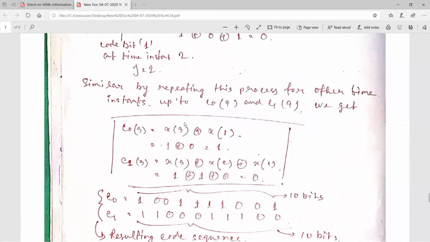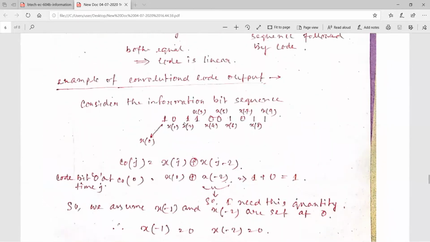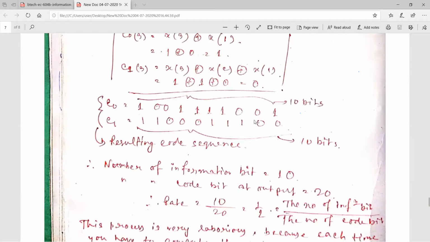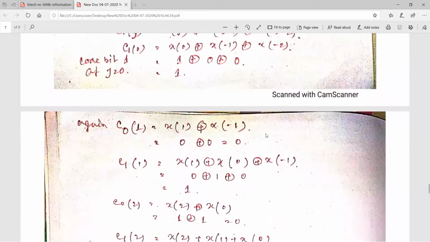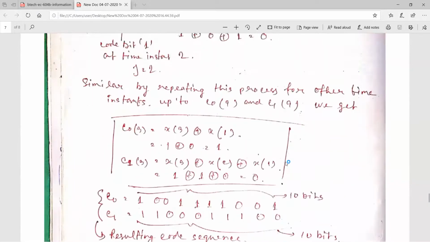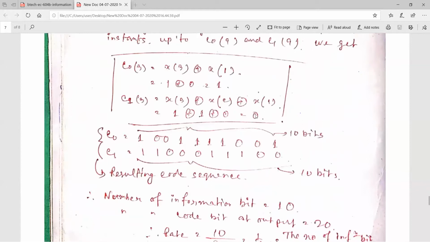So you have to always remember that for each information bit sequence, there will be 2 code bits, that is code bit 0 and code bit 1. So one information bit stream is given, and then you have to generate these 2 code bit streams.